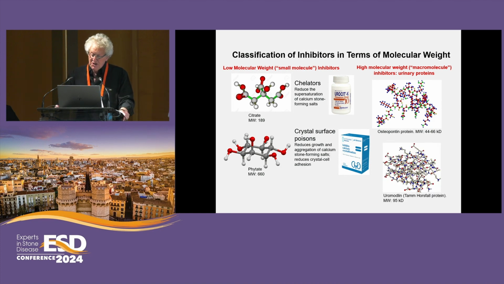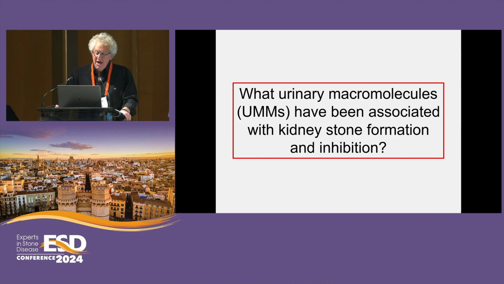And here's another one, uromodulin. It used to be called Tamm-Horsfall mucoprotein, 95 kilodaltons. And so just for comparative purposes, for introduction, uromodulin is 500 times bigger than citrate, and so it's called a macromolecule. So what macromolecules have been associated with kidney stone formation and inhibition?